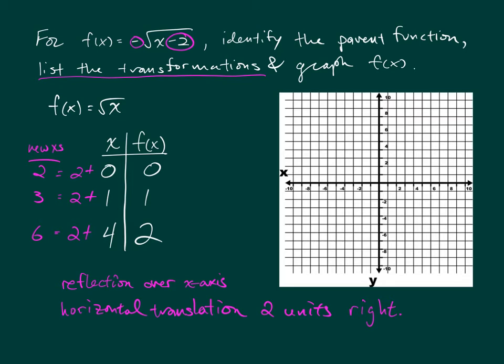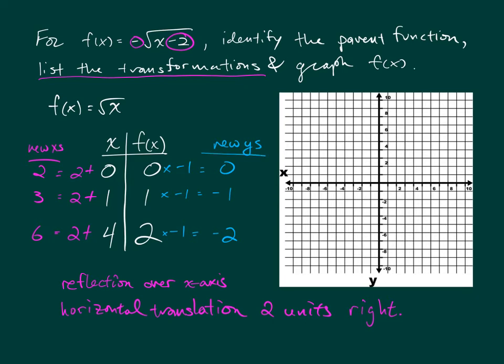So that means I'm going to come over here, and since this is -1 times the square root, I'm going to multiply all of the y values by -1. So times -1, -1, -1. So this is 0, this is -1, this is -2. These are my new y's.